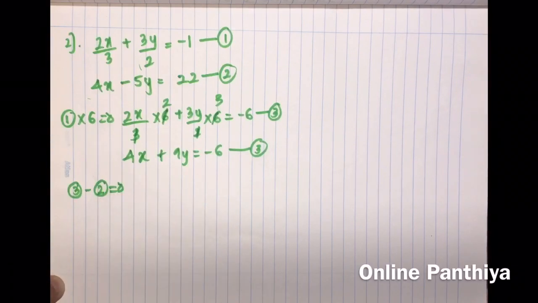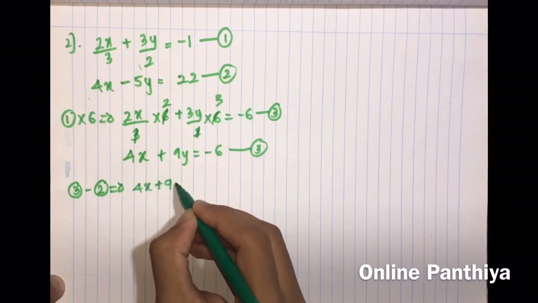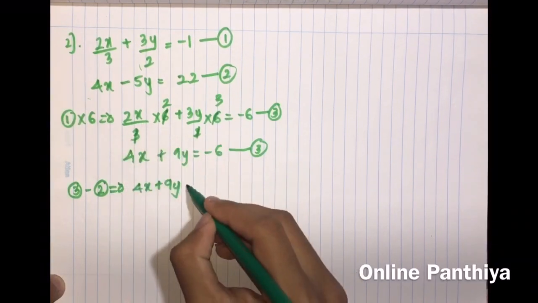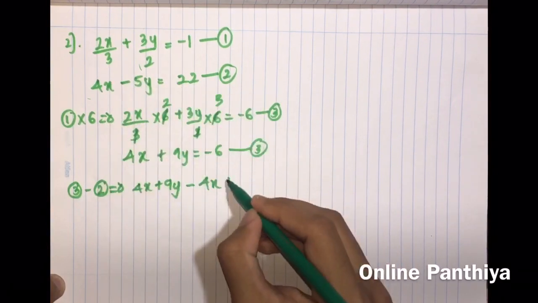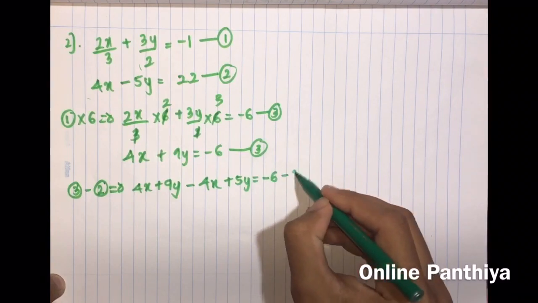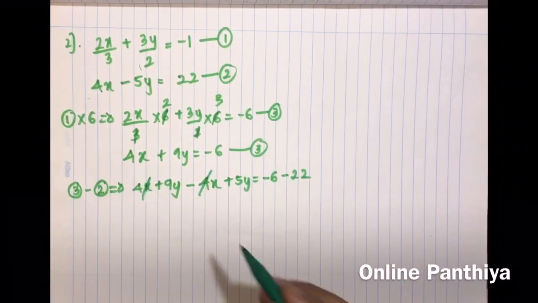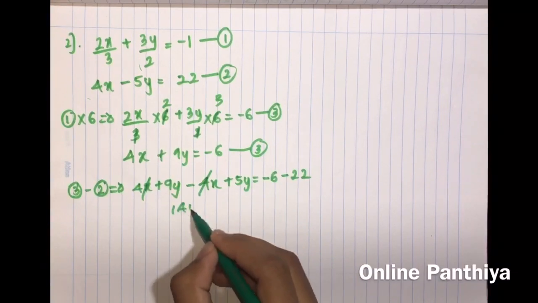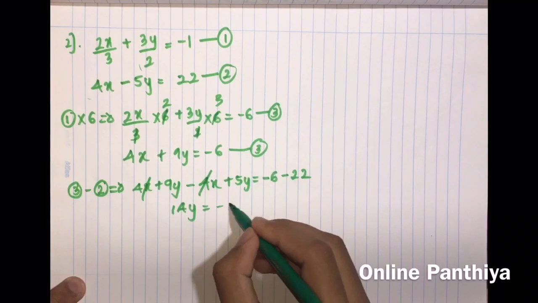After I simplify, I have 4x plus 9y, and you have to subtract minus 4x, minus into minus will give you plus 5y, and you have minus 6 minus 22. Is that correct? So this will cancel off. So 14y is equal to minus 28.